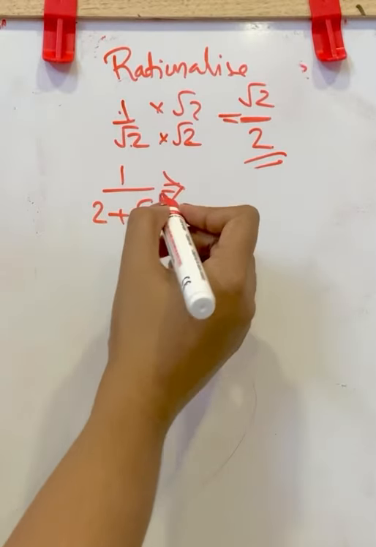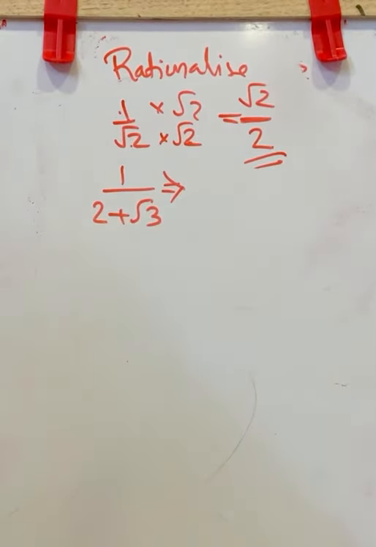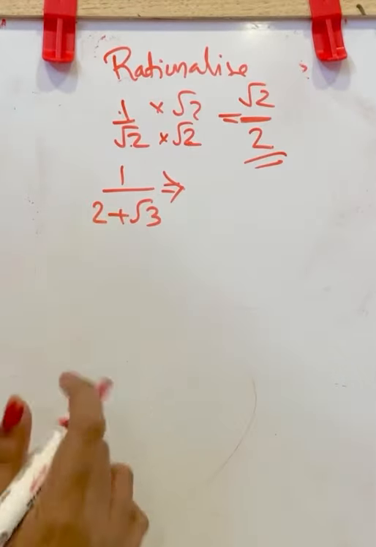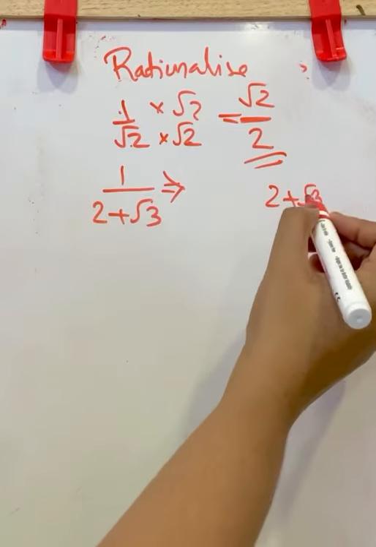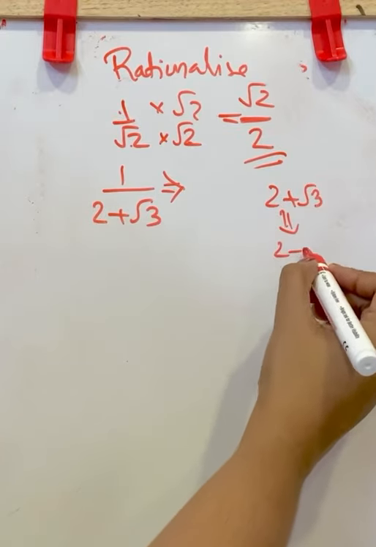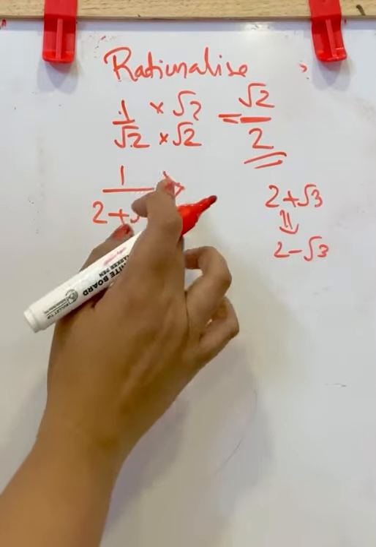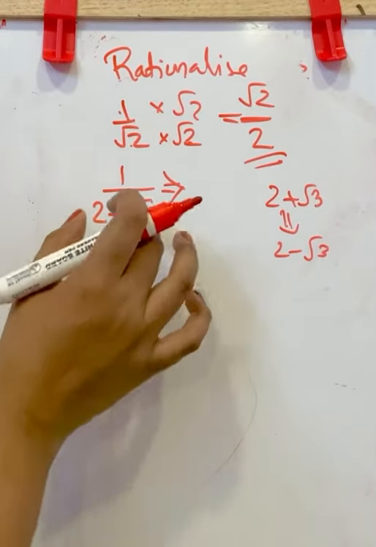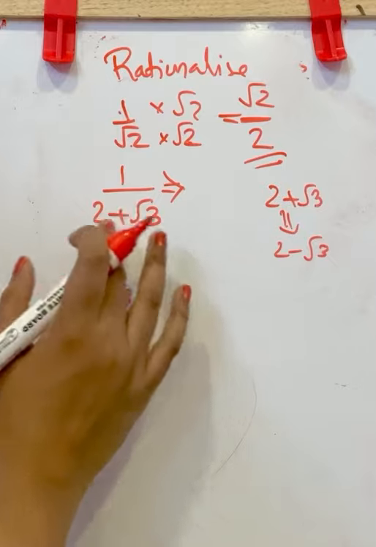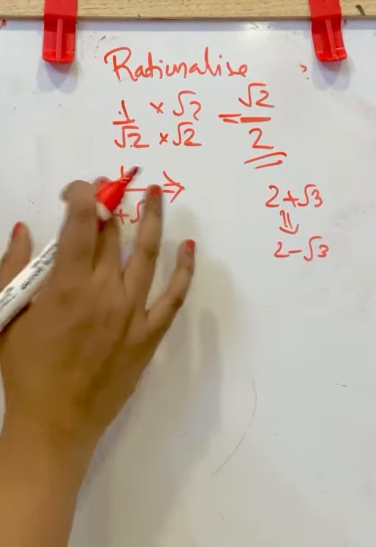Now next, rationalize 1 by 2 plus root 3. For this, we have to find the conjugate of the denominator. Here it is 2 plus root 3. The conjugate will be 2 minus root 3. So to rationalize this number means removing the square root from the denominator.